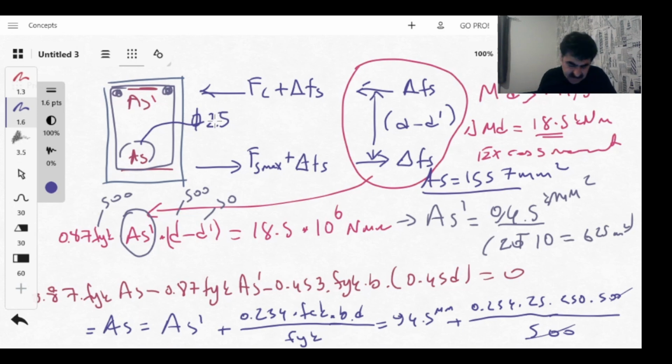In this case we need 4 25 millimeter bars, and this equals 1962 millimeters squared, which is higher than this value, 1557 millimeters squared. So now we calculate the reinforcement.